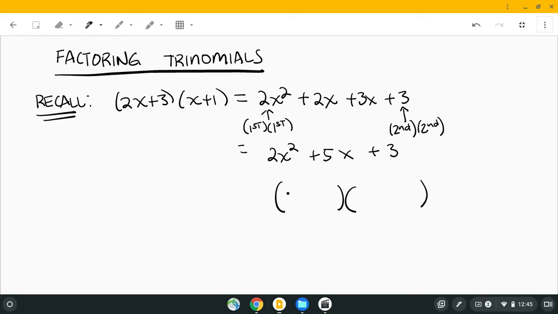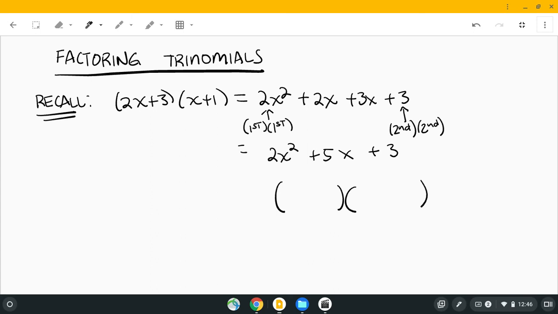So you have to figure out what times what will give me 2x squared. And this is created by doing the second term times the second term. So you have to figure out what times what is 3. And then you look at all the different combinations and you try to find the one that will give you 5x for the middle term.